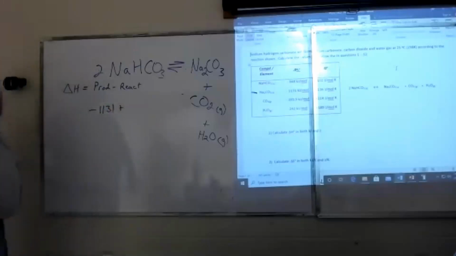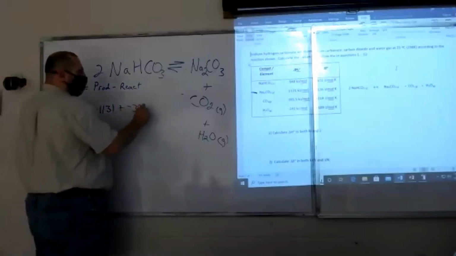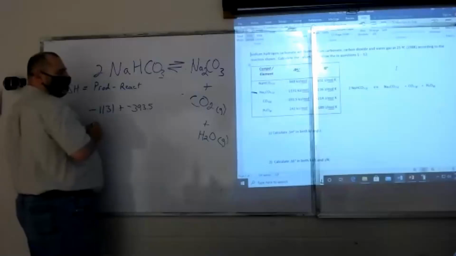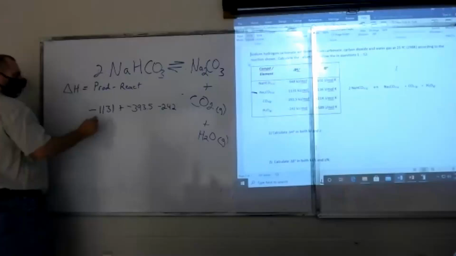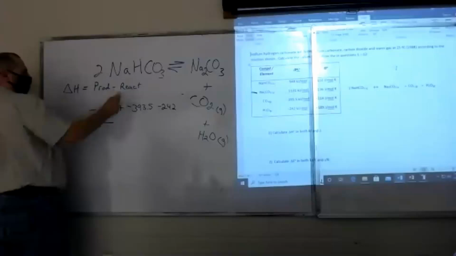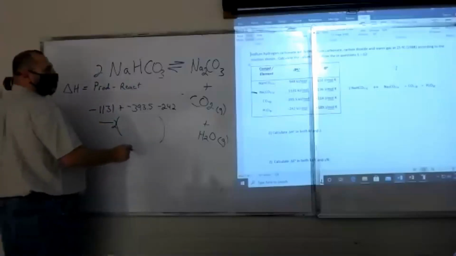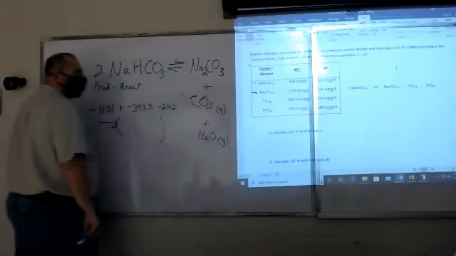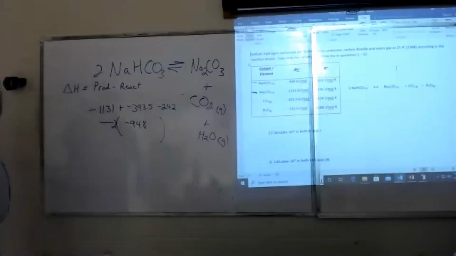Plus my CO2 is negative 393.5, and my water is negative 242, and my big subtraction sign. It's 2 times this one, negative 948. And the units on all these are in kilojoules.